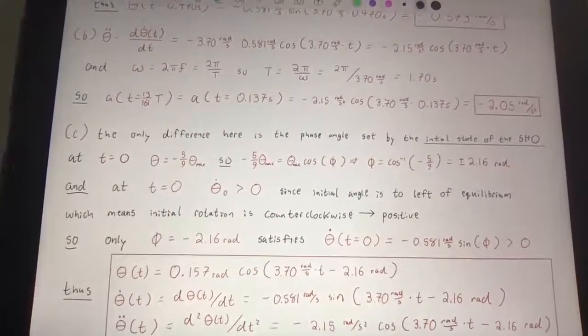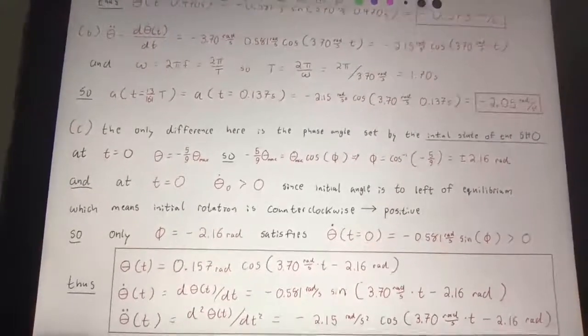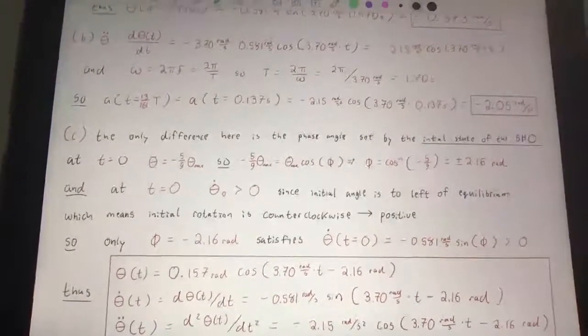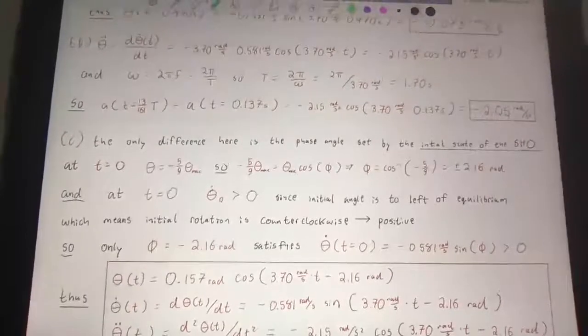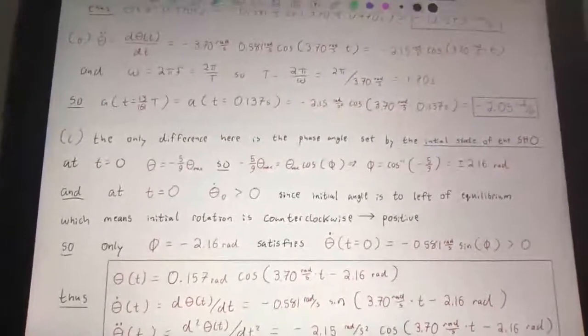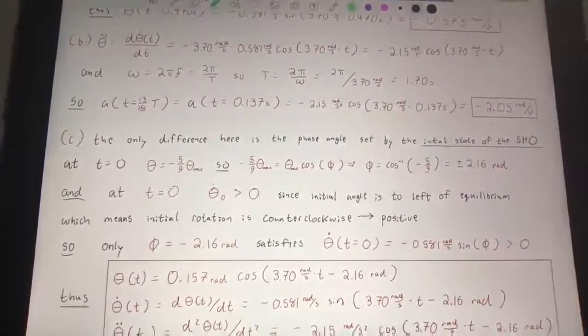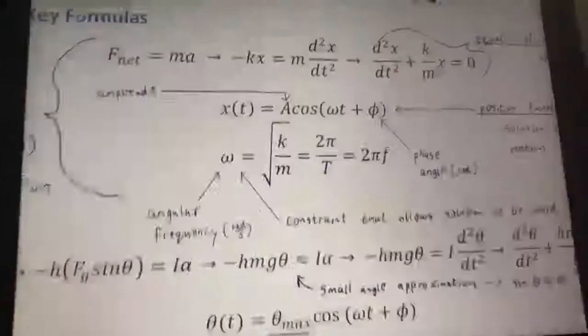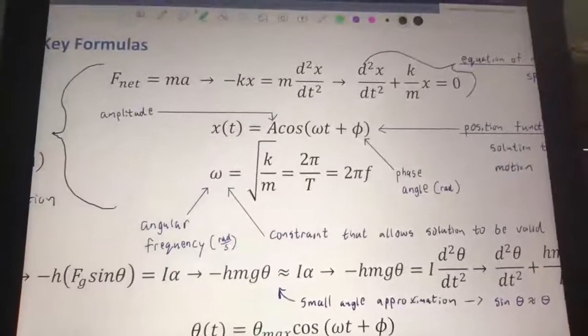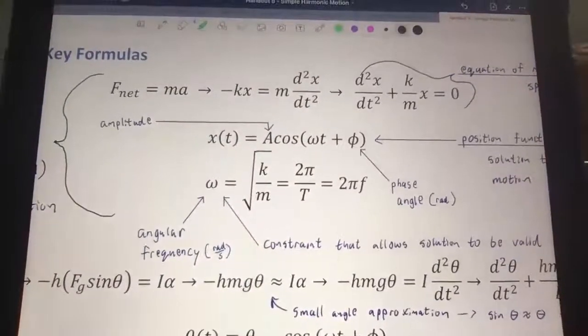Look at what I do. I set it up, and then I solve for the phase angle, because I know that's going to occur at t equals 0. My function, the definition of an oscillator, from the key formulas, is x of t, for the first spring at least, equals A cosine of omega t plus phi.